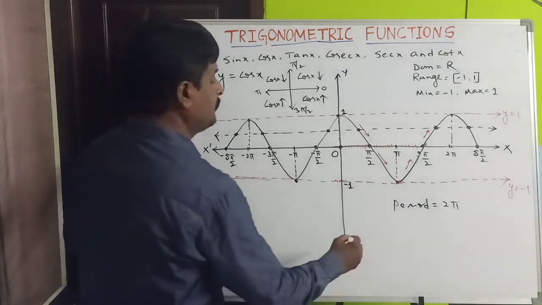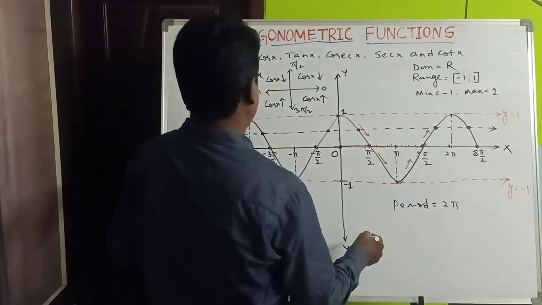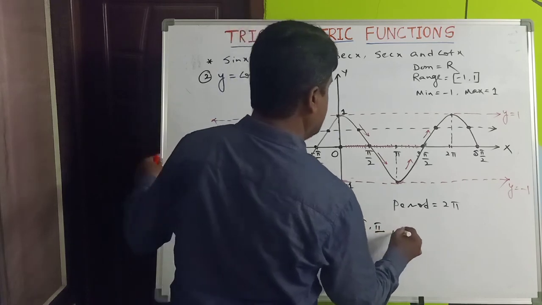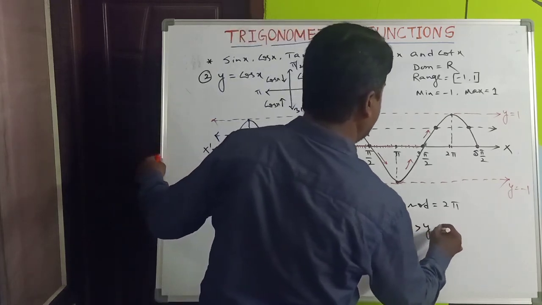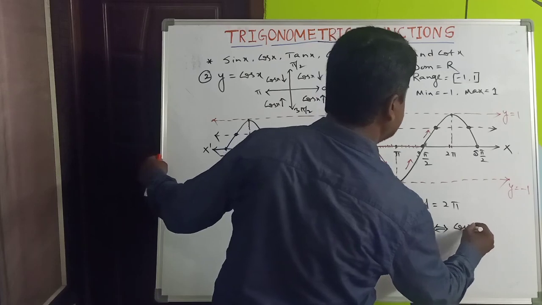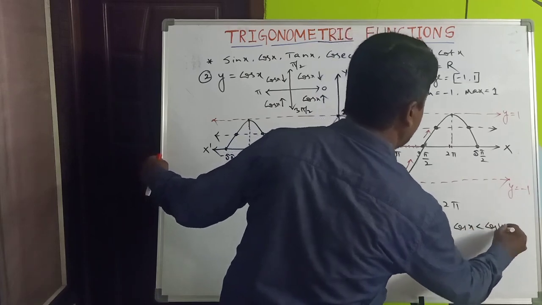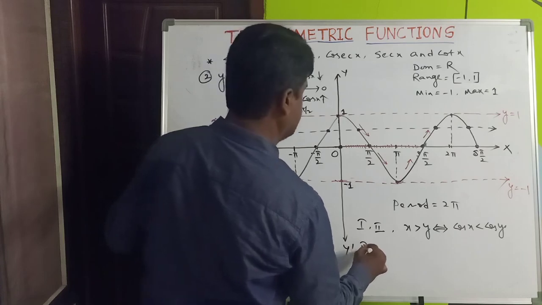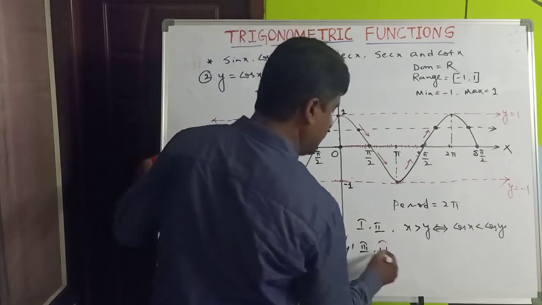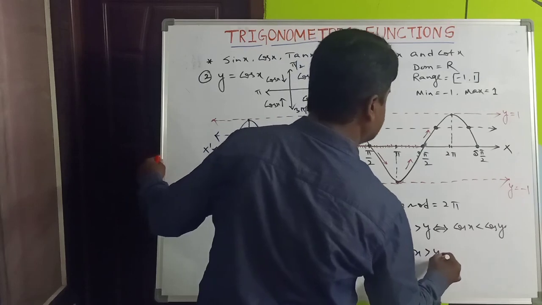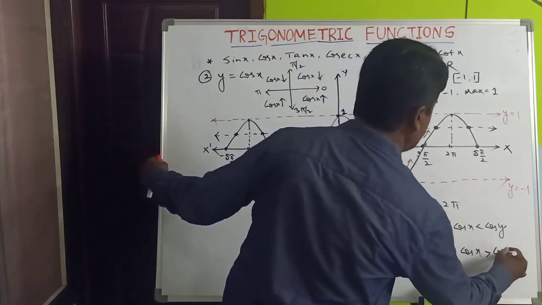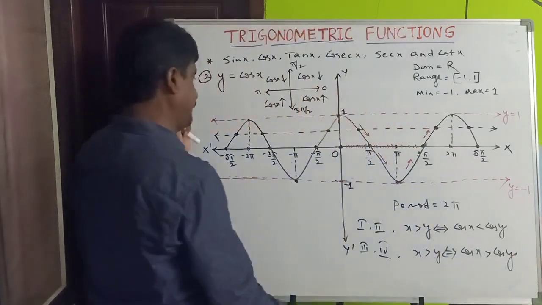Here, in the first and second quadrants, whenever x is greater than y, cos x will be less than cos y. In the third and fourth quadrants, x greater than y implies cos x is also greater than cos y.